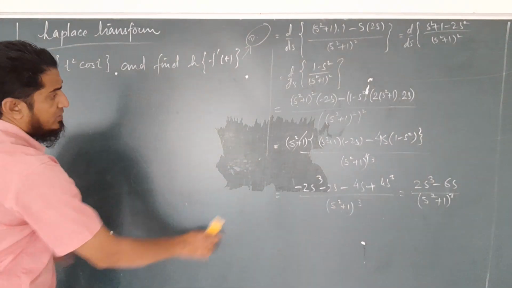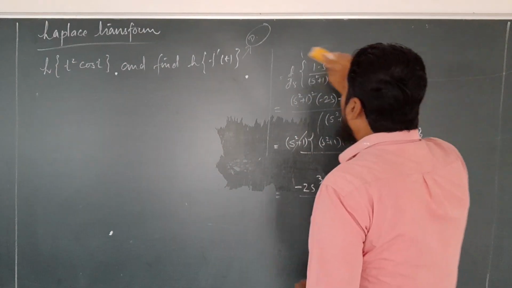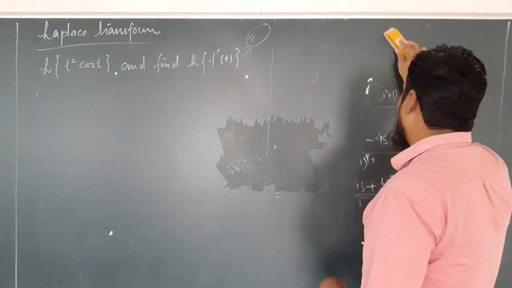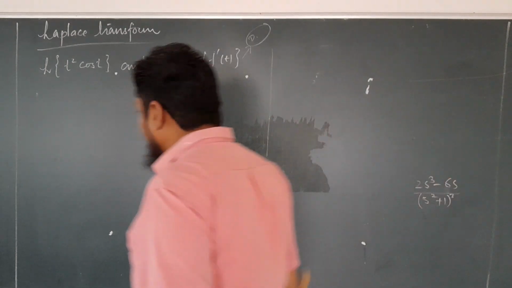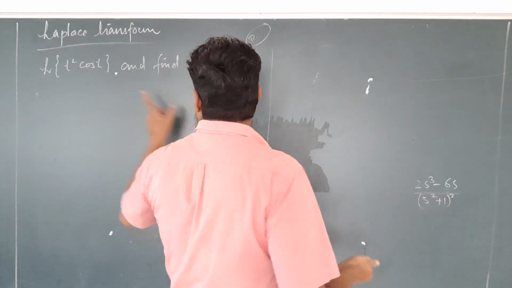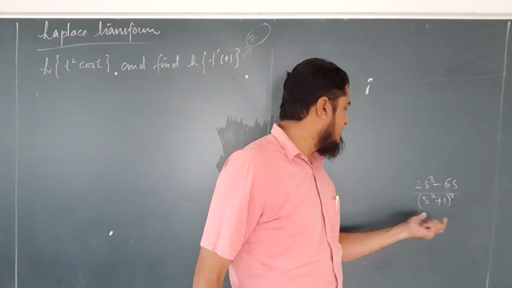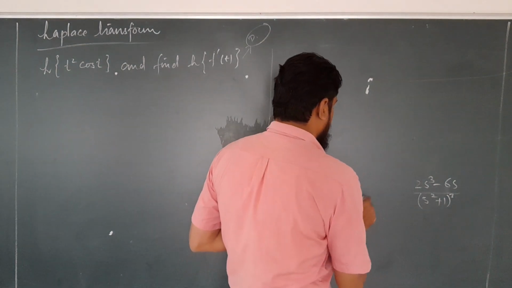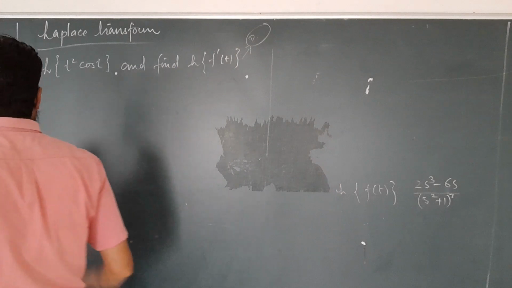So I think you have understood all these steps. Now I am going to solve for f dash of t, the Laplace transform of f dash of t. F of s is equal to this, 2s cube minus 6s. Right? Because we need it for this.